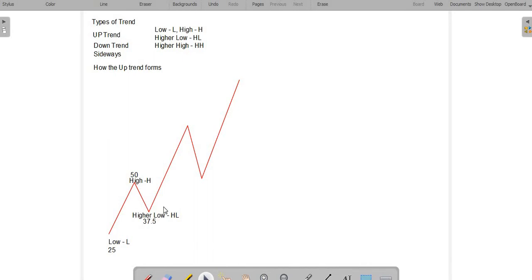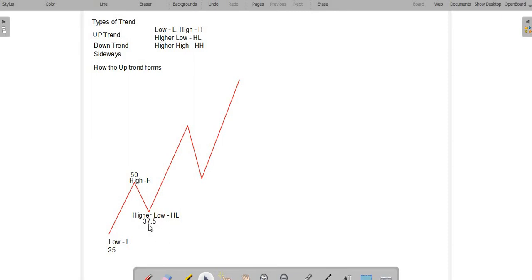That 37.5 is the low of the recent high, 50, so it is a low of the recent high. That's why we call it a higher low.